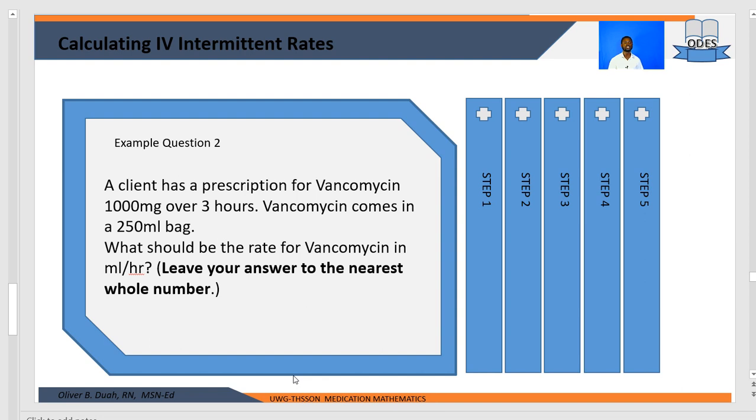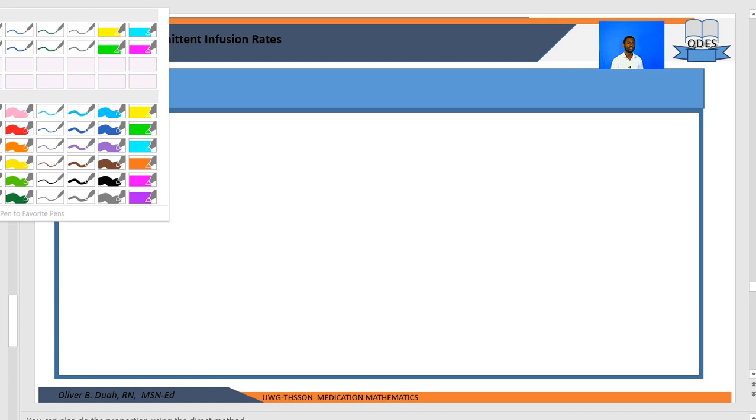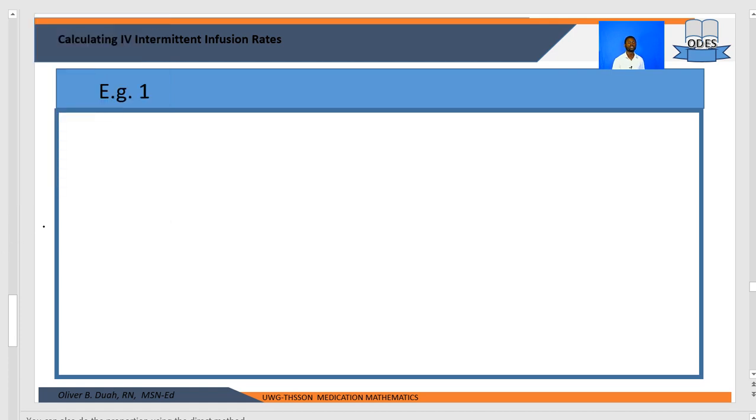Vancomycin comes in a 250 ml bag. What should be the rate for vancomycin in ml per hour? Leave your answer to the nearest whole number.